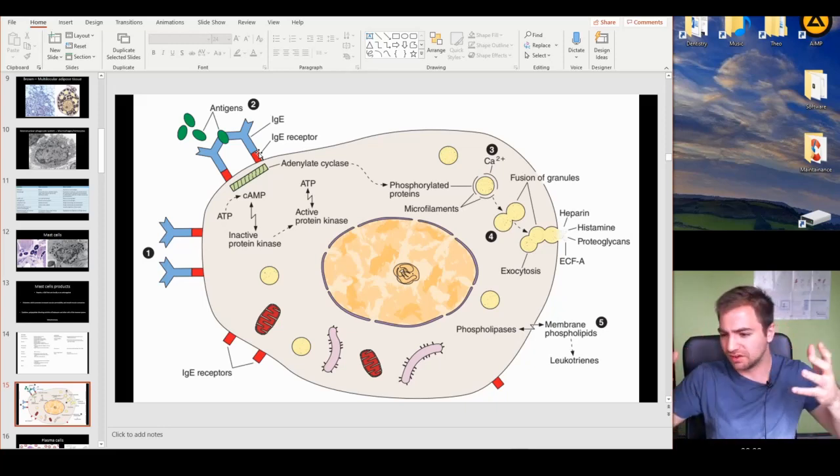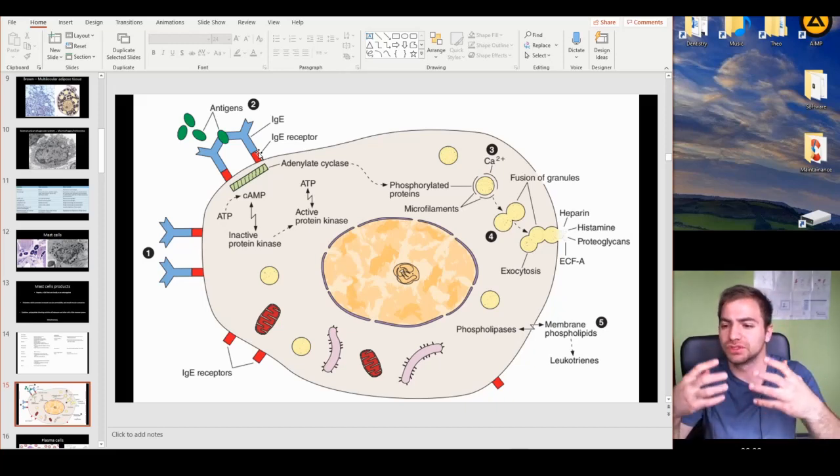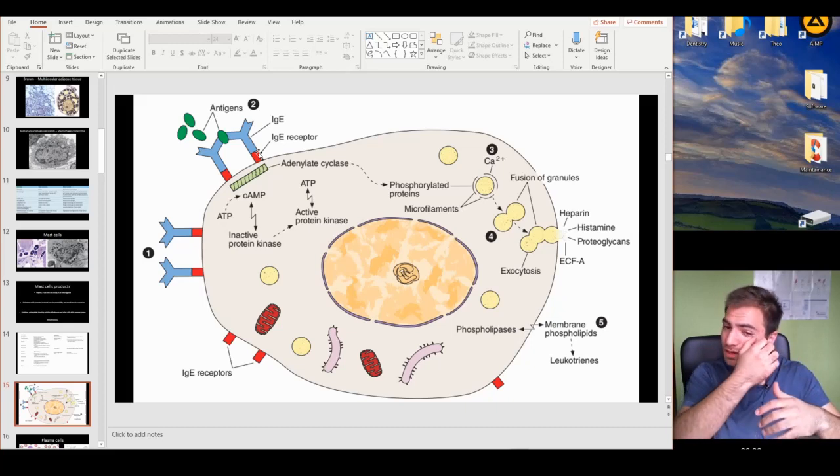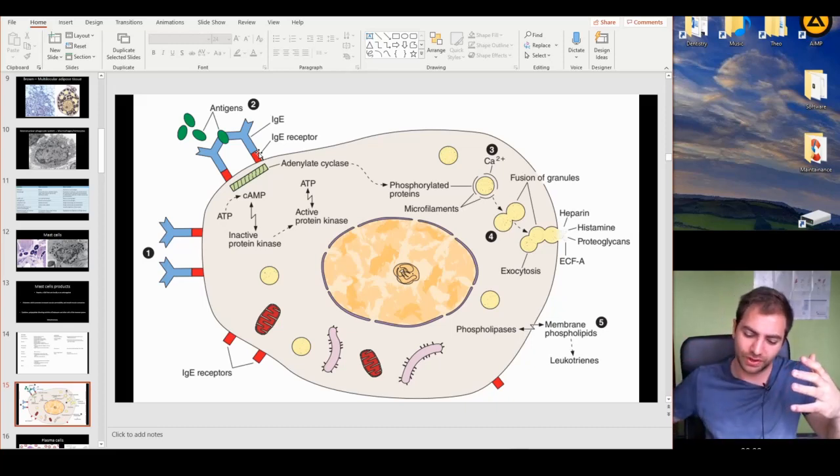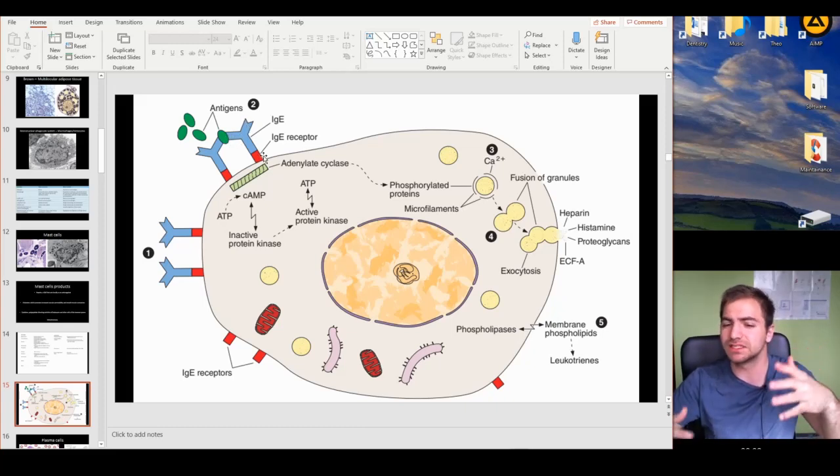So whenever you have, let's say, pollen, typically pollen is a very common allergen for many people. So whenever a person inhales pollen for the first time, then there's going to be this whole immune reaction that produces this IgE, these unique antibodies against pollen. The first time this person is exposed to pollen, there's going to be no reaction.